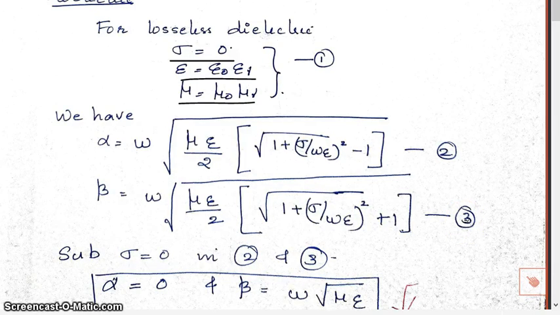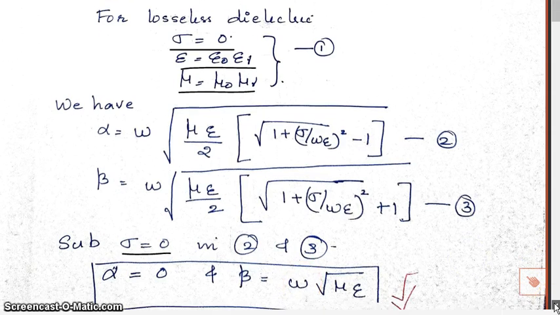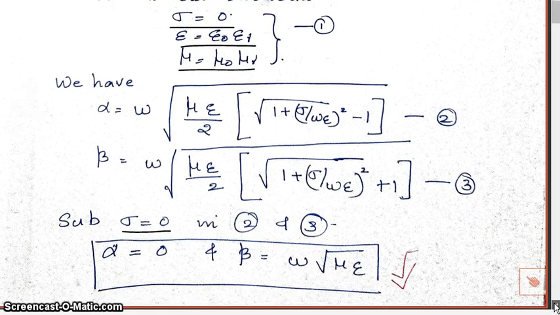Into formula 2 and 3 I am going to substitute sigma is equal to 0. So if I substitute sigma equal to 0 in equation 2, I will get alpha is equal to 0, and if I substitute sigma, that is the conductivity, equal to 0 in 3, then I will get beta is equal to omega into square root of mu epsilon.